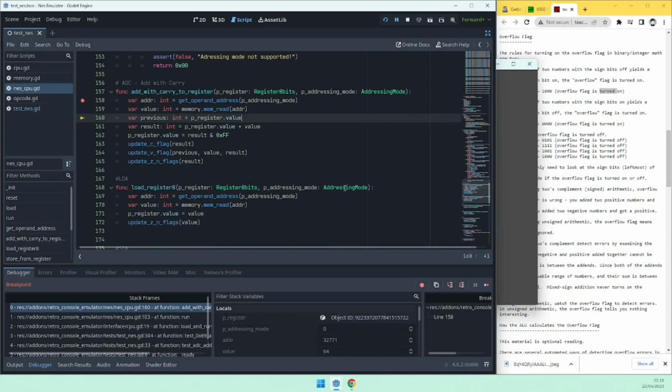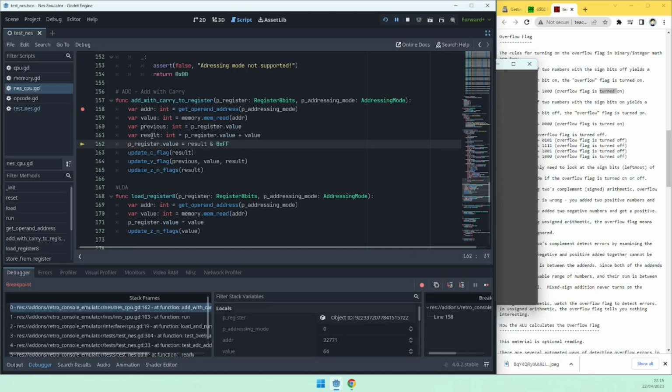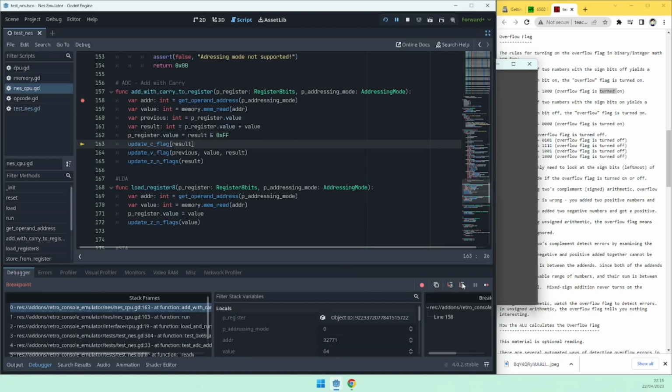No. The result is, of course, 128. Should be 128 plus 128, right? 64 is the maximum value.